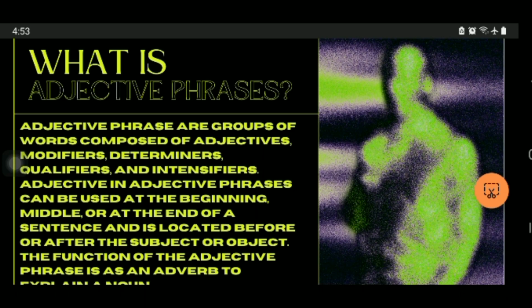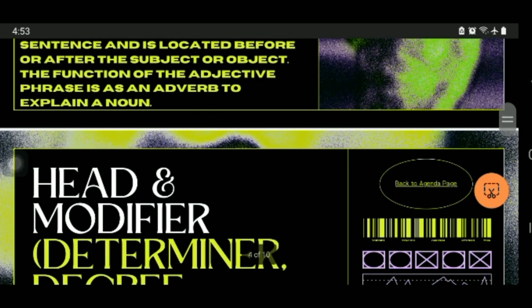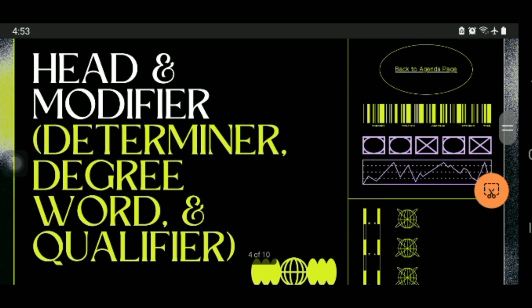The function of the adjective phrase is an adverb to explain a noun. And here we would like to share about head and modifier, including determiner, degree word, and also qualifier.